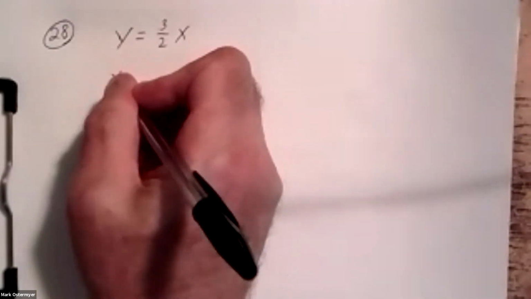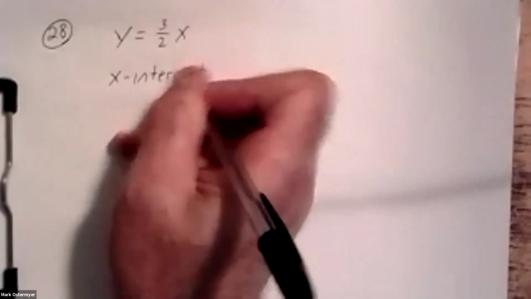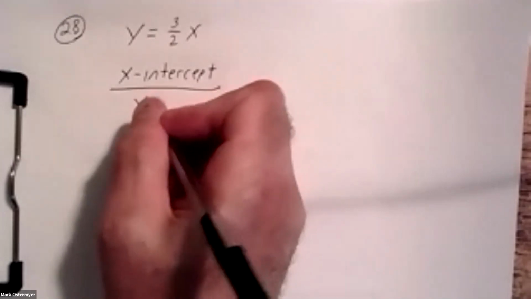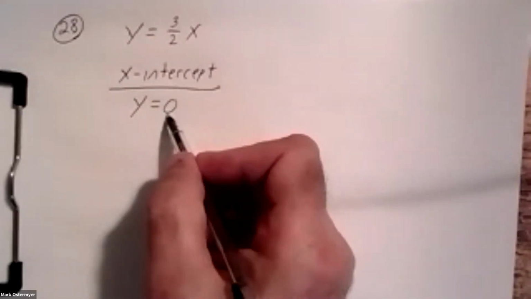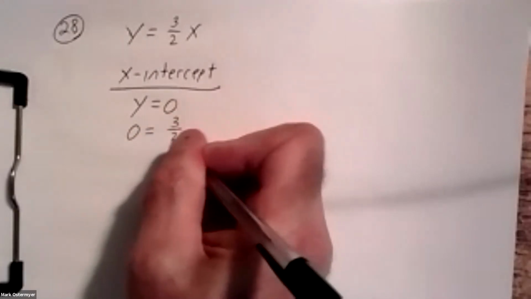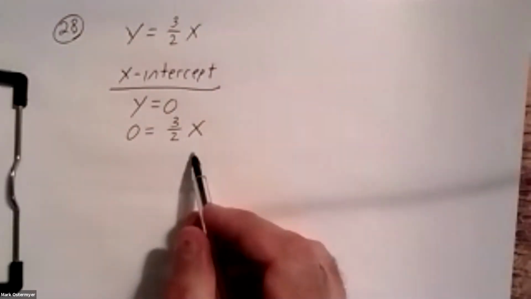And therefore, how do I find an x-intercept? What do I always set equal to 0? Y. Take 0, substitute it in for the y variable in the equation, and we have 0 is equal to 3/2 x. Now, how do we solve for x here?